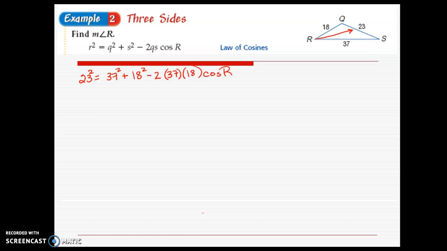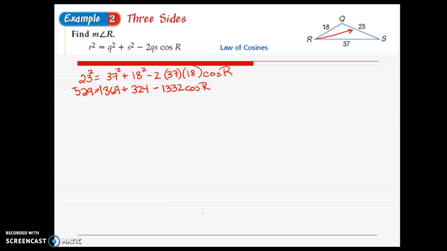23 squared is 529. So you got 529 equals 37 squared, 1369, plus 18 squared is 324, minus 2 times 37 times 18 is 1332 cosine of r.